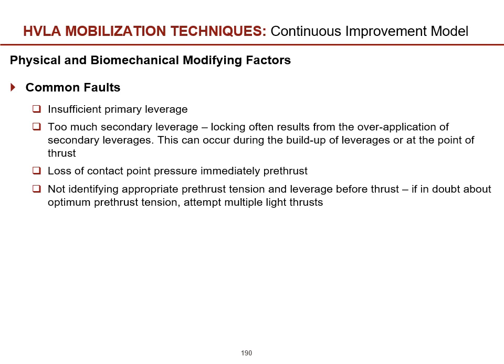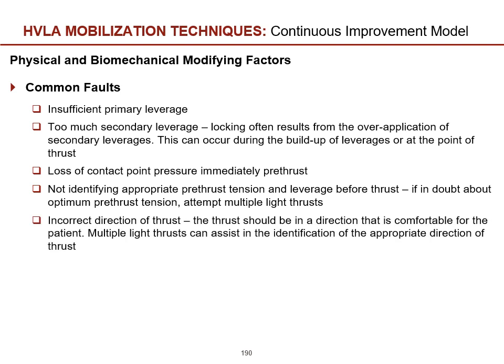If in doubt about the optimal thrust tension, attempt multiple light thrusts or preliminary bumps or priming techniques that we'll discuss. Incorrect direction of the thrust: it should be in a direction that is comfortable for the patient. Multiple light preliminary bumps, again, can assist in identification of the appropriate direction of the thrust.